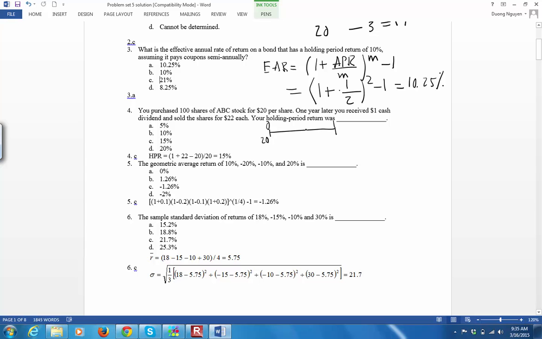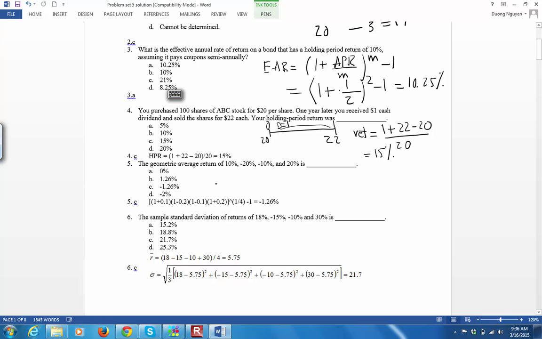So your holding period return is the $1 dividend plus the capital gain, which is 22 minus 20, divided by 20, and this is equal to 15%.